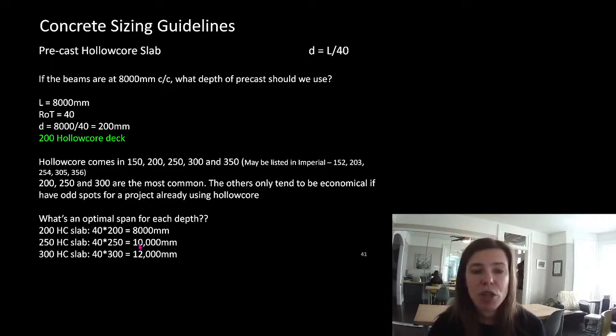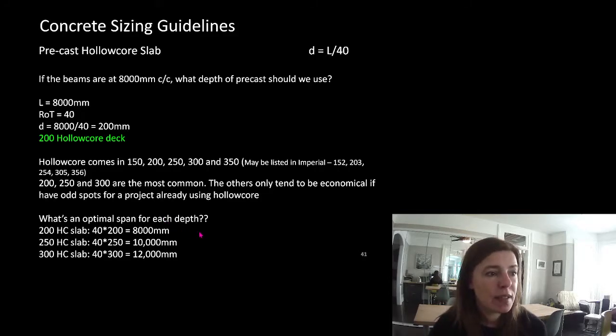So anywhere from just over 8 to 10 meters is going to be a great application for 250 hollow core. 300 hollow core is going to be great for anywhere above a 10 meter span to a 12 meter span. And this is pretty good knowledge to have, that you know kind of at a base minimum what you're going to use.